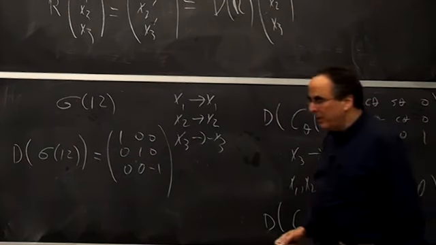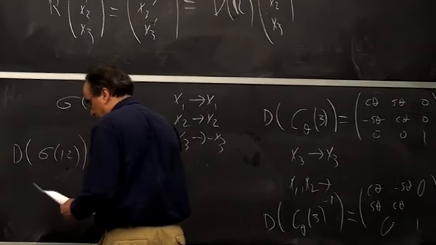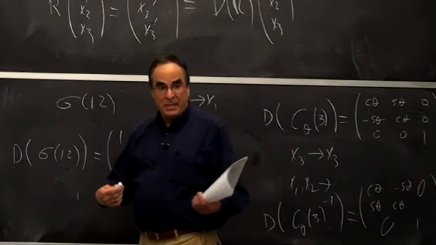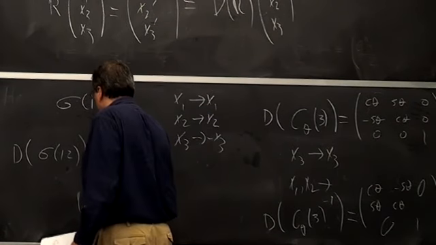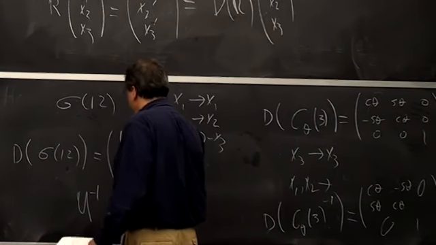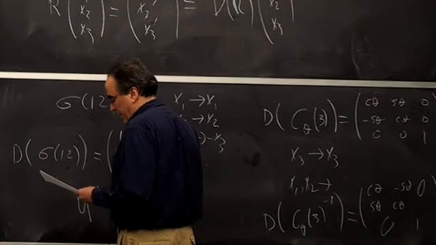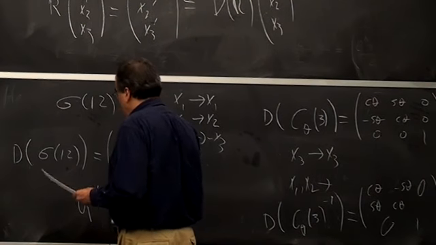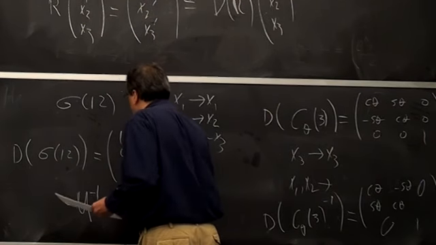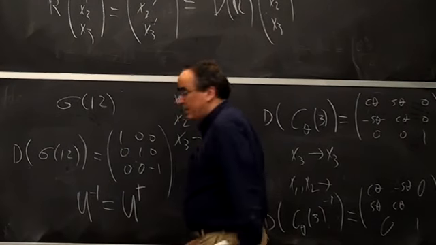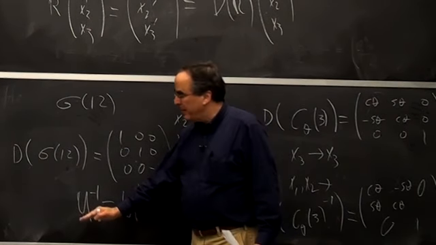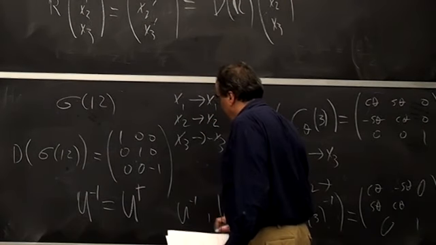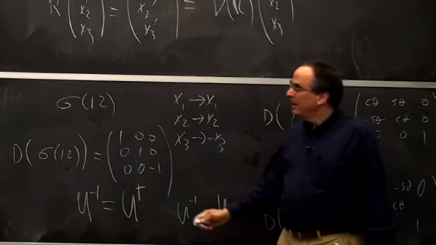We know if we have a unitary matrix, it's easy to perform a similarity transformation, which involves sandwiching an operator between u minus 1 and u.